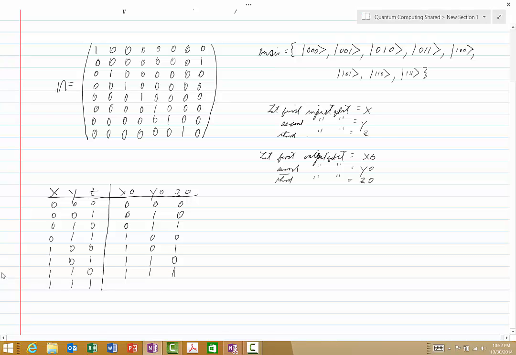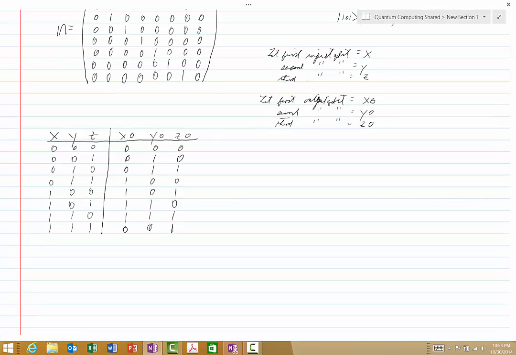And then finally, for the last column, we have 0, 1, 0, and the rest zeros. And that is the vector corresponding to this 0, 0, 1 state. So here we have 0, 0, 1. And that takes care of the truth table for XO, YO, and ZO in terms of the input variables X, Y, and Z.